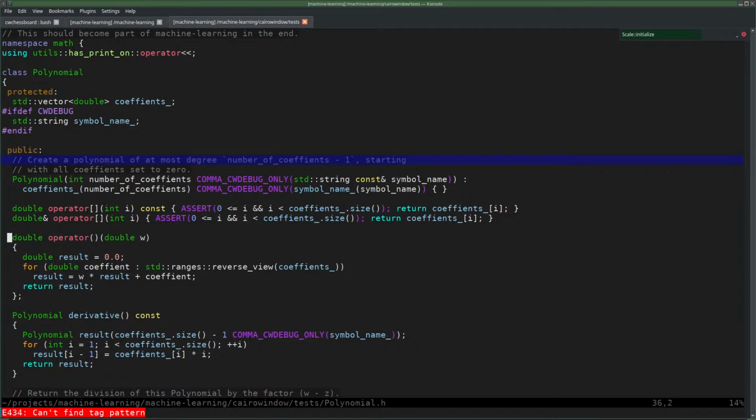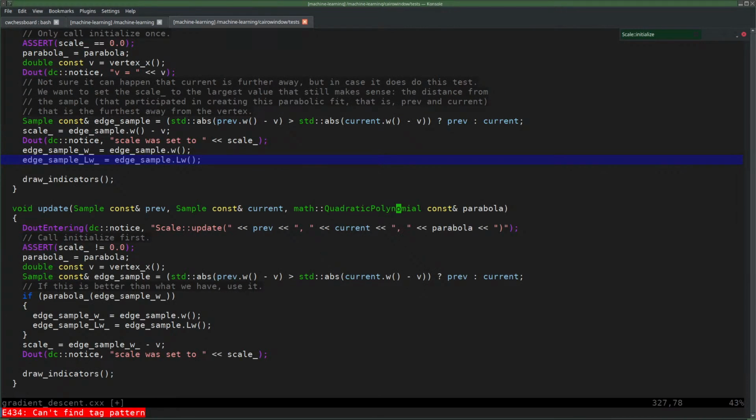That would be this one, huh? Just passing the W and then you get back the value that belongs to it. Minus the value at the vertex.